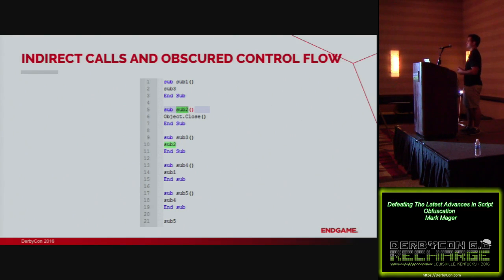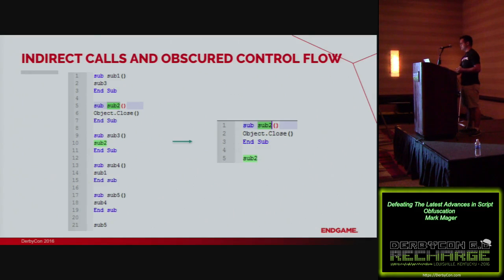So any calls outside of this code section to any of these 5 subs will ultimately result in a call to sub 2, which actually carries out an operation other than calling another subroutine. Thus, we can merge all these subroutines into one simple subroutine, sub 2. And so any other references to sub 1, 3, 4, 5 could just be replaced with a reference to our new, old sub.